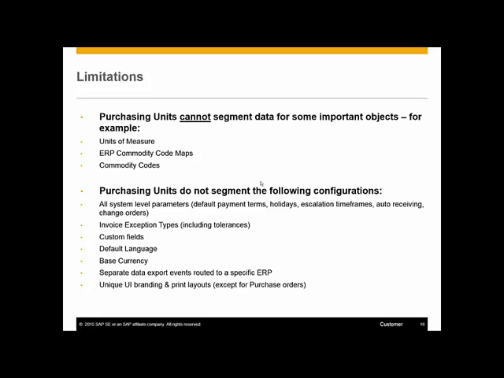The user interface branding is the logo you would see in the upper left corner of the user interface. That cannot be segregated. Most of the print layout, also in the print view, cannot be segregated, with the exception of logos on purchase orders. The PO print view can have different logos based on purchasing unit.